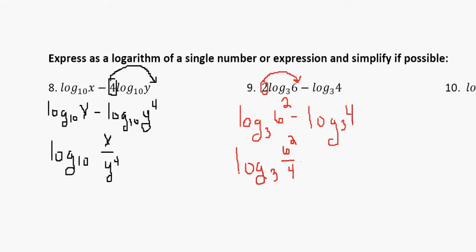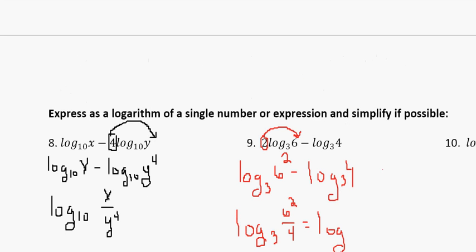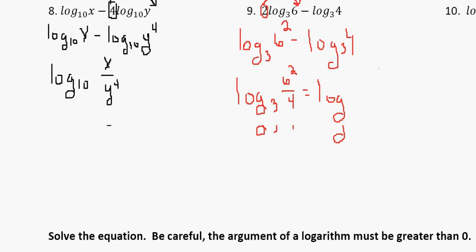Now we have some numbers we can work out. We have log base 3, and 6 squared is 36. So we have log base 3 of 36 over 4, which is 9.